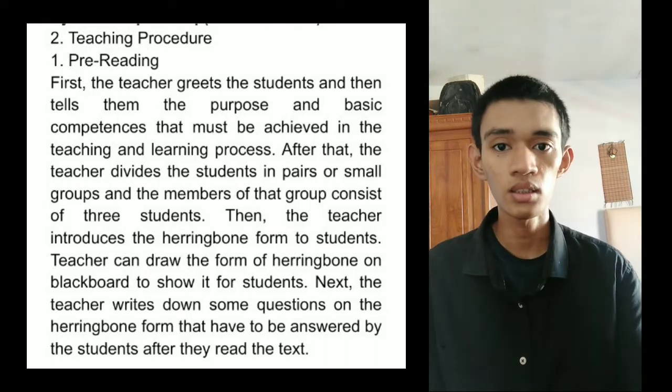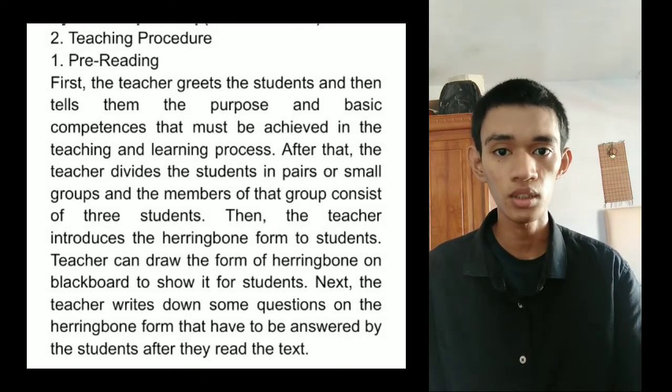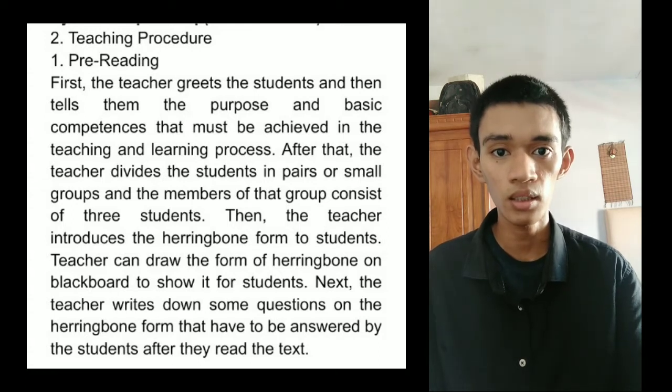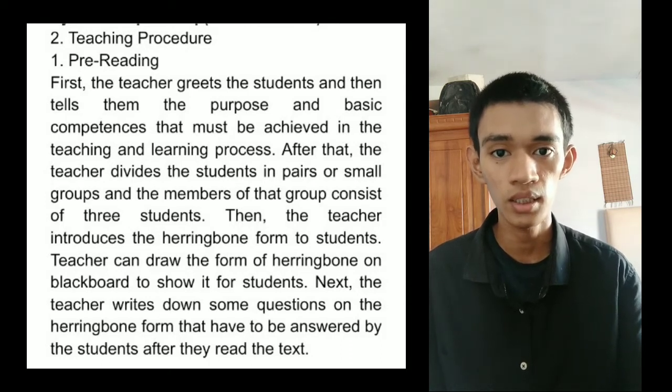Then the teacher introduces the Herringbone form to the students. The teacher can draw the form of Herringbone on the blackboard to show it to the students. Next, the teacher writes down some questions on the Herringbone form that have to be answered by the students after they read the text.